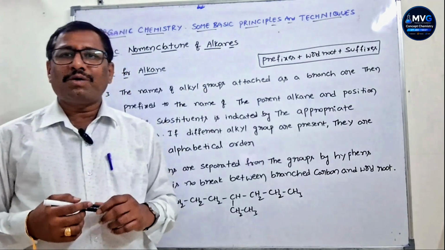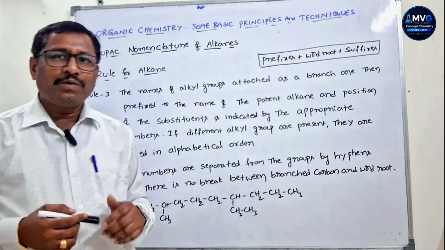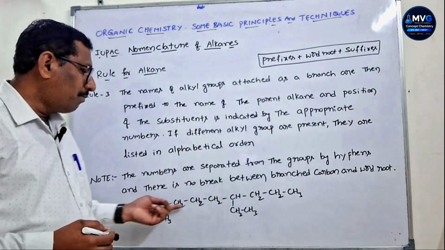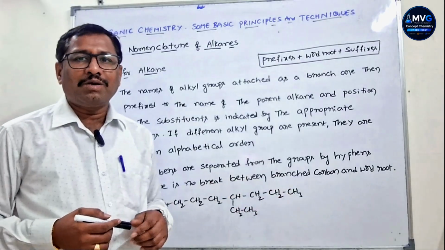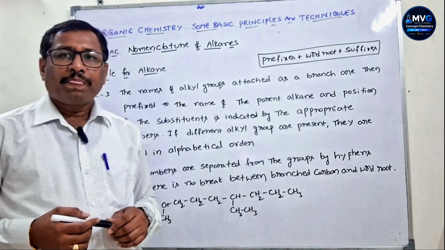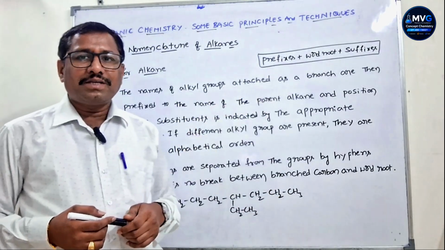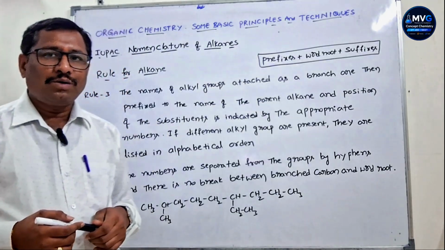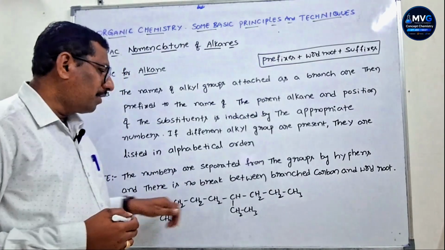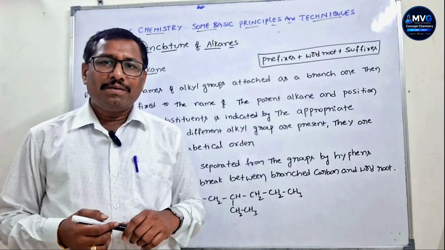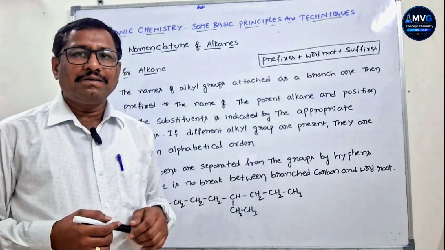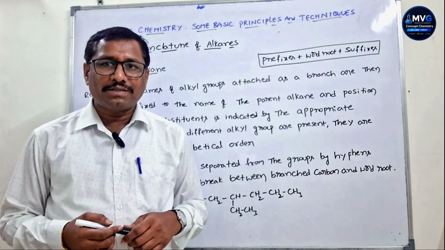These names we should write before the root word. Next, root word means the maximum number of carbon atoms included in the carbon chain. And then suffixes, primary suffixes only. Yesterday I told you, students, primary suffixes means: between carbons a single bond is ane, a double bond is ene, a triple bond is yne. Like that we discussed, students.